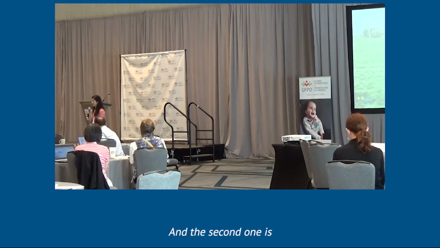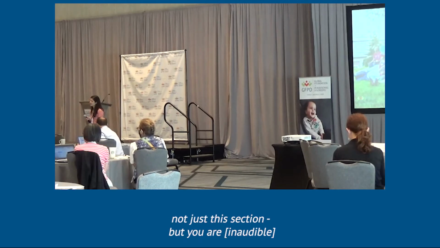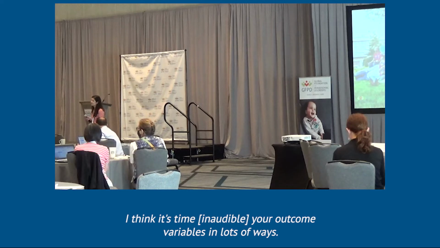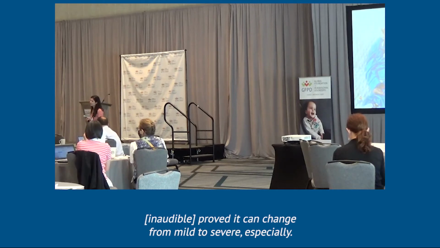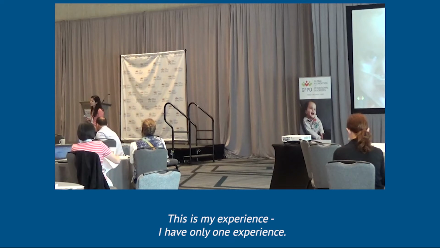And the second one is that you have data, not just cross-sectional, but you have data in time. And I think this time horizon really helps because your outcome variable is not really stable in the sense that probably it can change in time from mild to severe, especially. This is my experience.